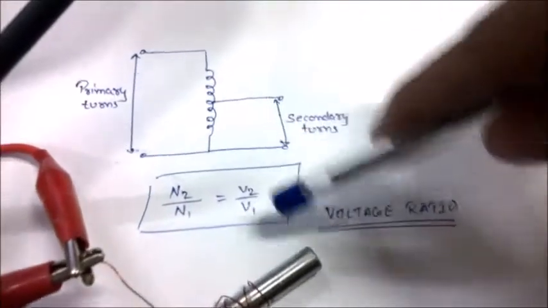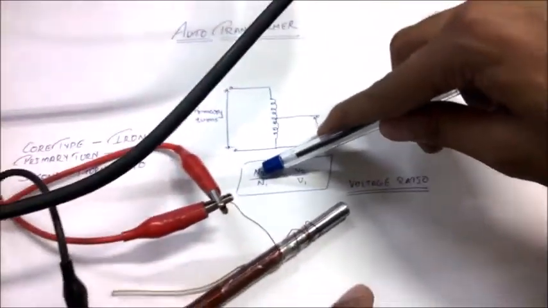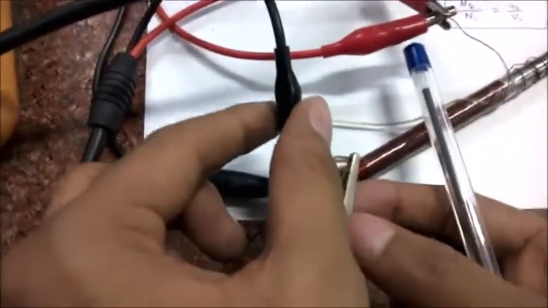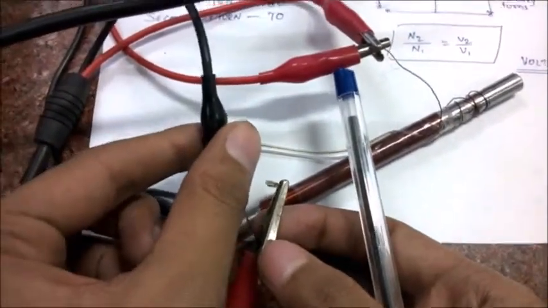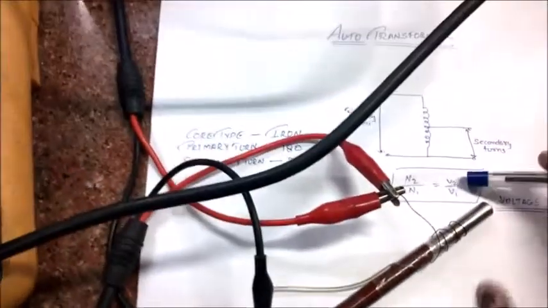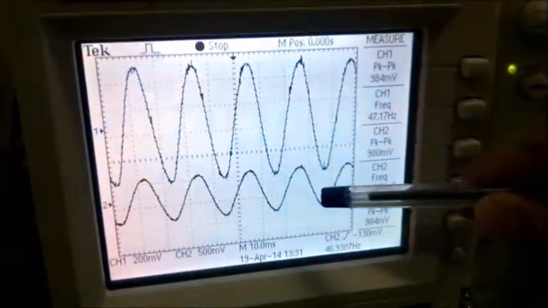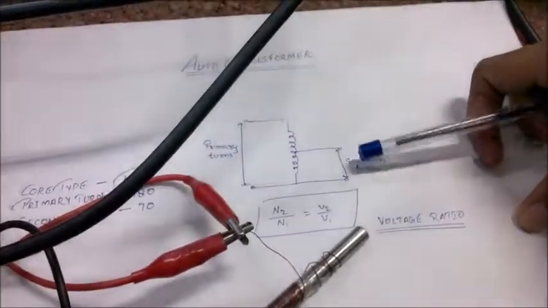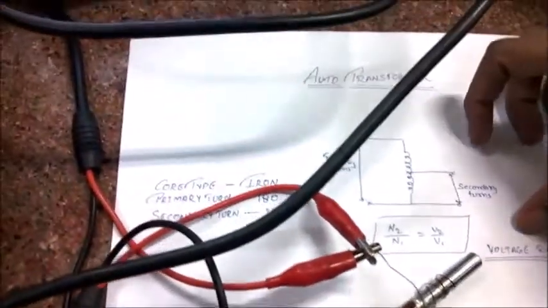The formula is N2 upon N1 equals V2 upon V1, where N2 is the number of turns of the secondary, that is 70 turns, N1 is the number of primary turns, 180 turns, V2 is the voltage level shown on the DSO of the secondary, and V1 is the voltage level shown for the primary. According to this formula we calculate, and the results come out the same as displayed on the DSO.